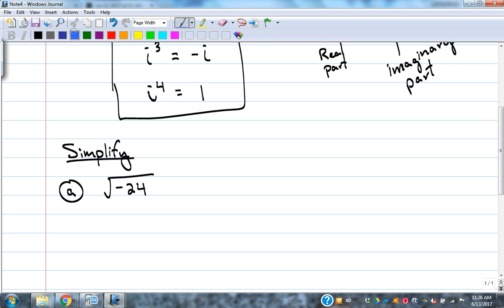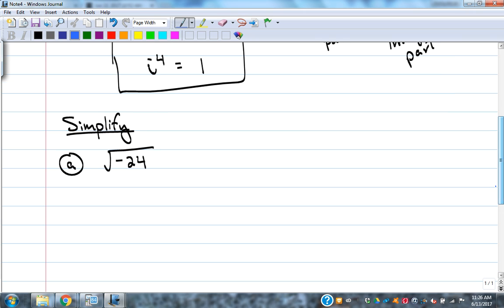If we're going to simplify the square root of -24, I'm going to break down the 24 with the factor tree just like before. So 24 is 12 and 2. And then 12 is 6 and 2. And 6 is 3 and 2. So I look at that and I say, okay, I have a pair of 2s. And then I have a 3 and a 2 left over.